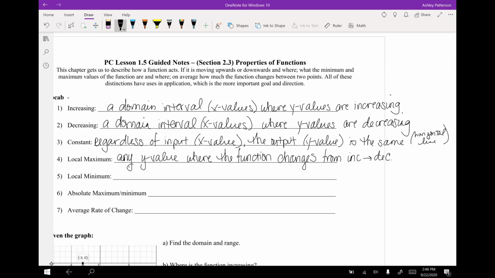Feel free to follow suit or write out the whole word. It is up to you. And a local minimum is any y value where the function changes from decreasing to increasing. There we go.